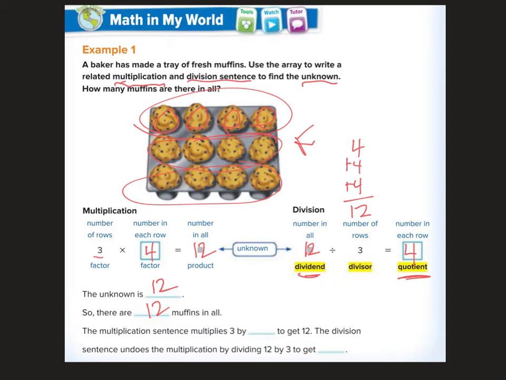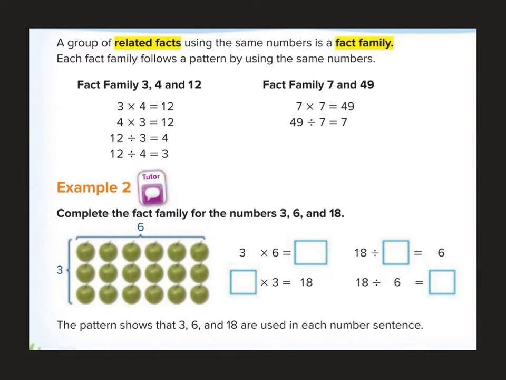So there are 12 muffins in all. The multiplication sentence multiplies 3 by 4 to get 12. The division sentence undoes the multiplication by dividing 12 by 3 to get 4. There we go. Let's look at another one. A group of related facts using the same numbers is called a fact family. That's exactly what we talked about on the first slide. Each fact family follows a pattern by using the same numbers.